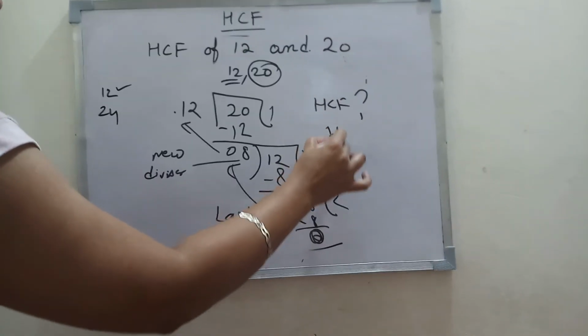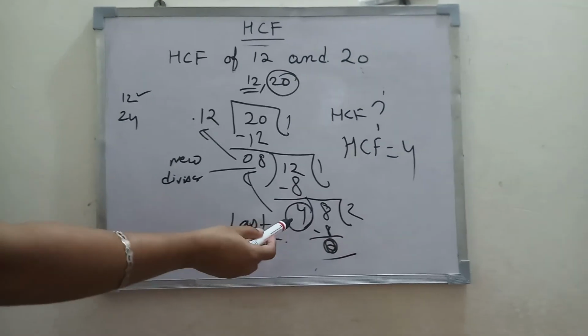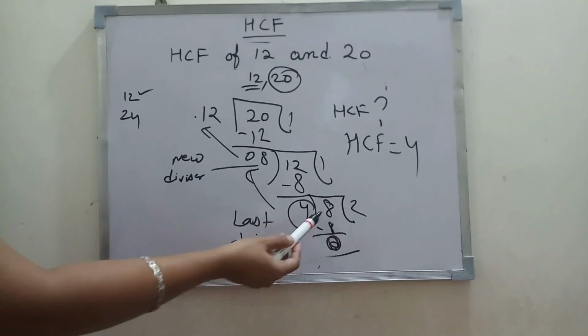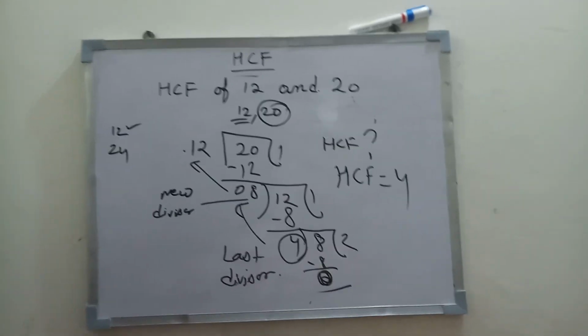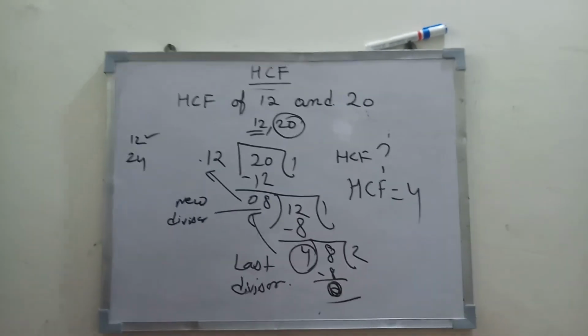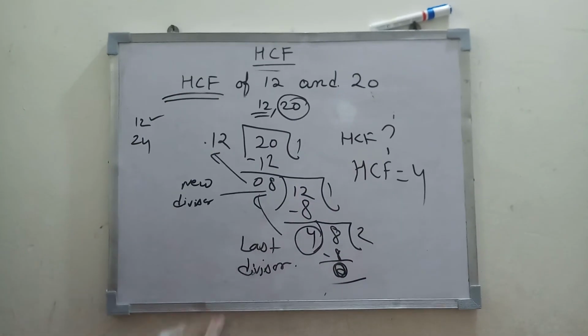So in this case the HCF will be 4, because this is our last divisor by which we divided the dividend and got the remainder 0. So these are the three techniques by which you can find out the highest common factor of any number.